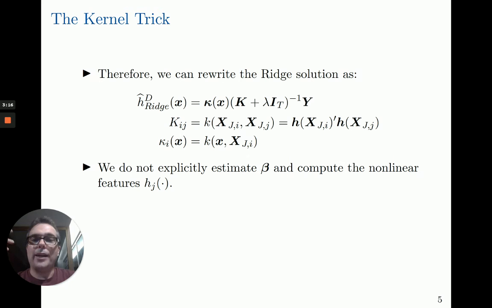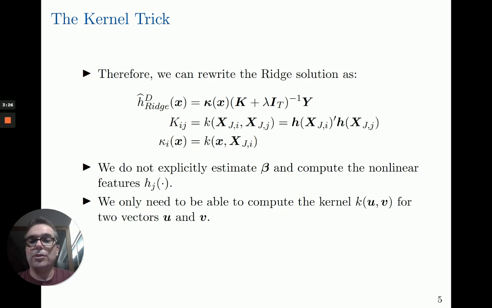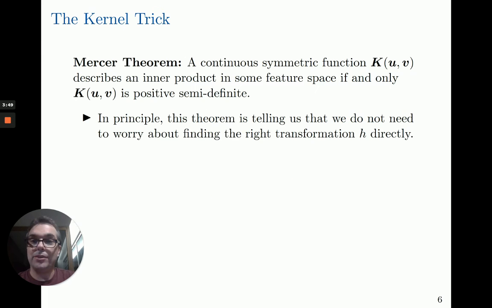So look at that: we do not explicitly estimate beta and compute the nonlinear features h. We just have to define the kernel. We only need to be able to compute the kernel of two vectors u and v. This is called the kernel trick. And why is that? Because in some cases it's much easier to specify the kernel than to specify the nonlinear transformation.